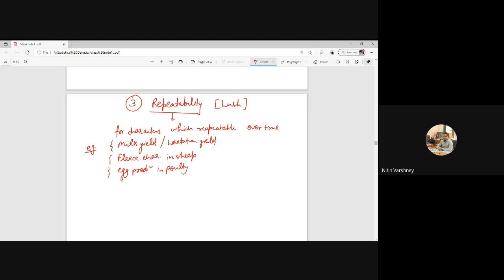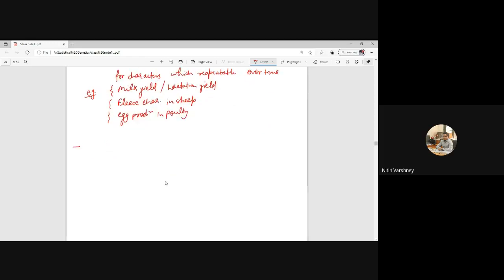So repeatability is a measure of association between the records. Suppose 2017, 2018, 2019 and 2020, 21. If we see the 2017 milk yield record, there will be some record in 18, there will be some record in 19.